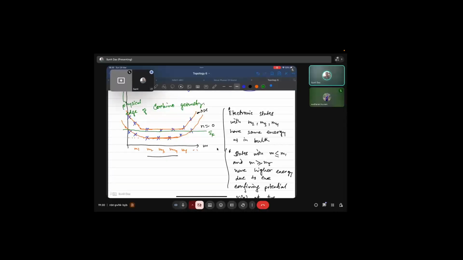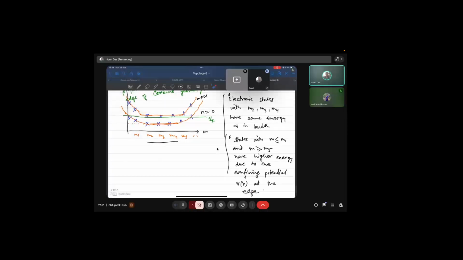That means the electrons below this Fermi energy are all occupied. Let me also write the states; these are the states of different colors.